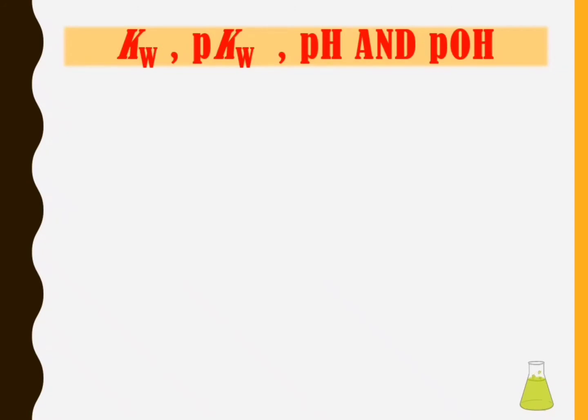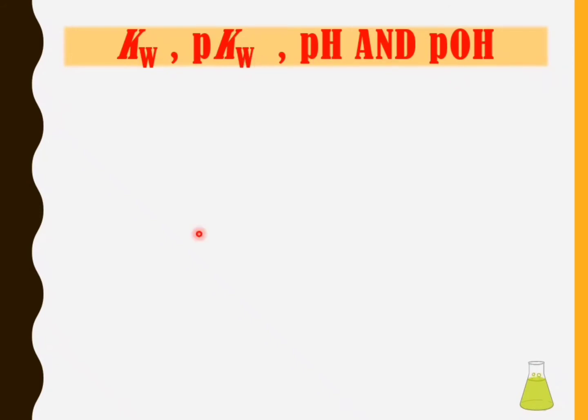Okay, next we look at the relationship between KW, PKW. Ada PKW pula kan. Okay, so kita ada KW, PKW. So you all dah boleh fikir dah, P ni stand for apa tadi madam kata? Negative log. So maksudnya PKW ni negative log KW.